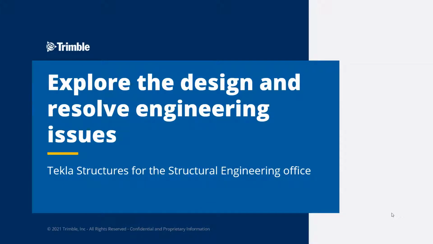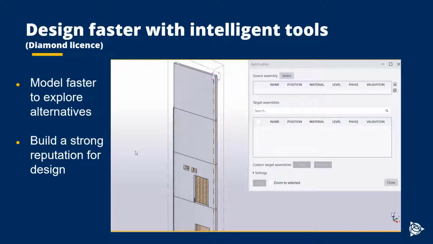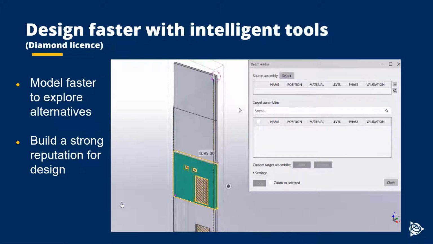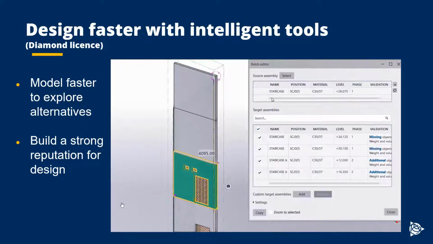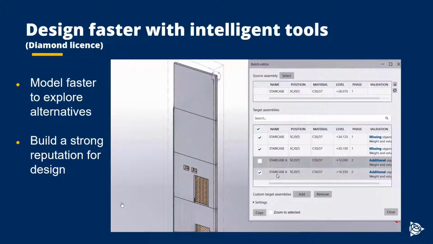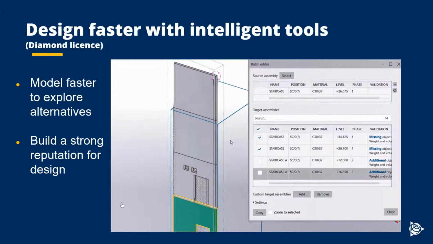So as part of your work, of course, you need to explore the design and resolve engineering issues. One new feature we have released this year, which is available in the Diamond license, is the ability to propagate changes across the model, even where you have not allocated fabrication numbers to these elements.